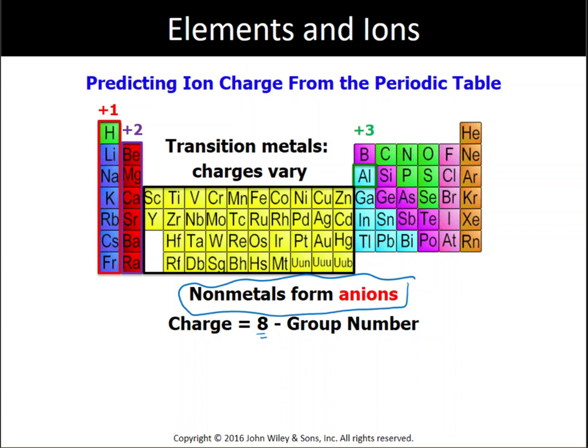The charge of carbon is different. We'll talk about carbon later on. But from nitrogen and phosphorus, we can look at the charge of nitrogen and phosphorus when they form anions. Nitrogen and phosphorus are in group 5A. So for their charge, that's group number minus 8. So the charge is negative 3.